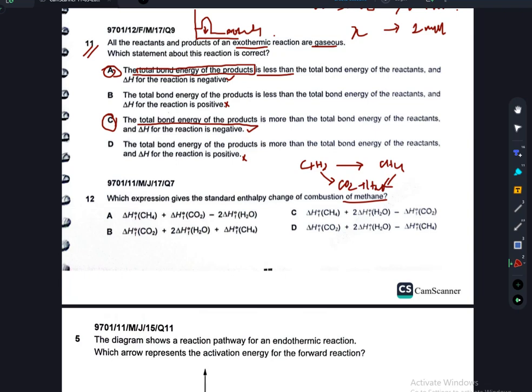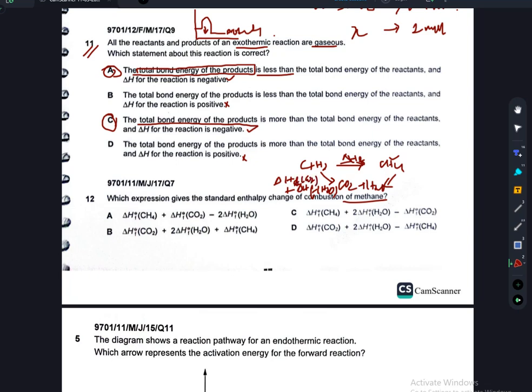Okay, so this is delta H, I call this. So this is actually the formation of CH4. Okay, and this is combustion of carbon. Delta H combustion of carbon plus delta H formation of H2O. So there was an issue here. It was the formation of CO2 here.